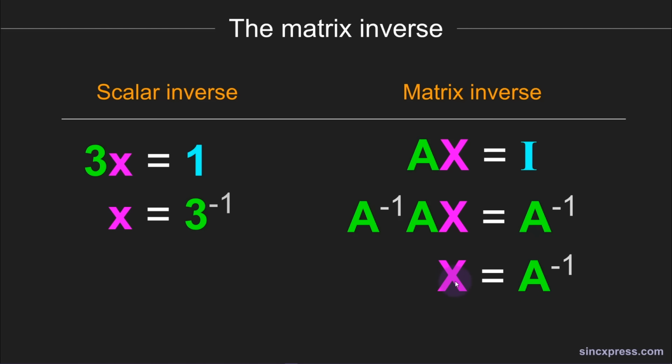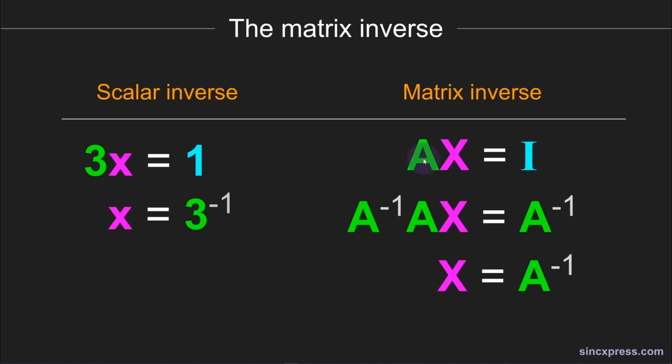So that leads us to the conclusion that X equals A to the minus 1, and this is called the inverse of A. In this equation, you would say that matrix X is the matrix inverse of matrix A. This is really important because this allows you to solve equations using matrices.